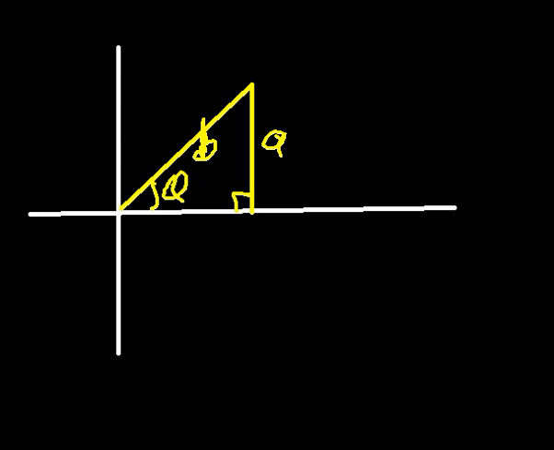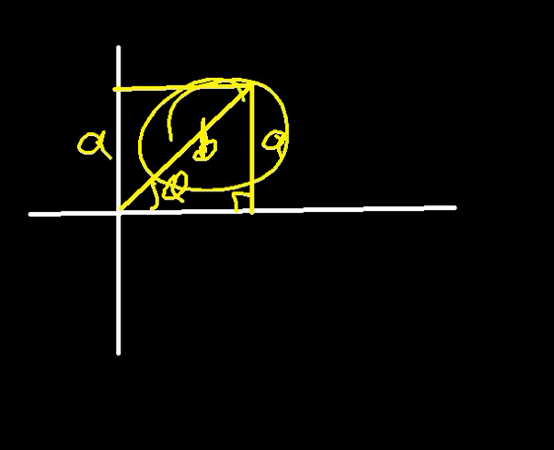And now let's also think of connecting this. For this case, if this is a side A, it means this is also a side A, because this is a rectangle, and the opposite sides are equal.